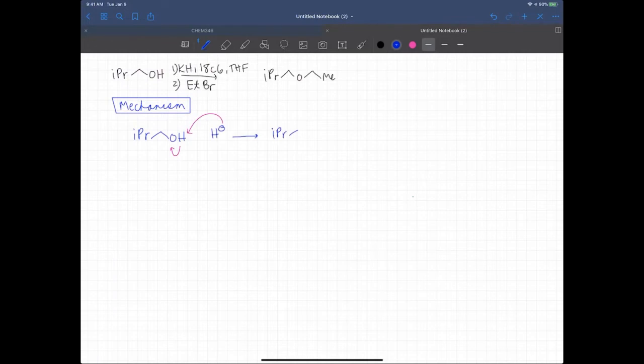So what you have is now a deprotonated oxygen atom, and this is really, really nucleophilic, right? So what do nucleophiles do? What's the role of a nucleophile?